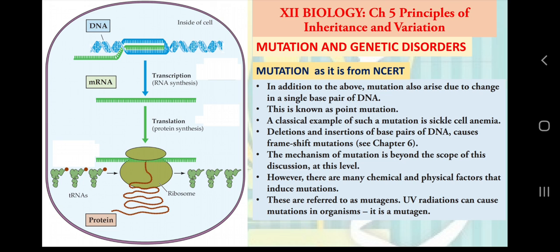So if you change one single base, that is called a point mutation. And a classic example of such a mutation is sickle cell anemia, which I am going to discuss in my upcoming slide. So deletion and insertion of base pairs of DNA is also called frame shift mutation.